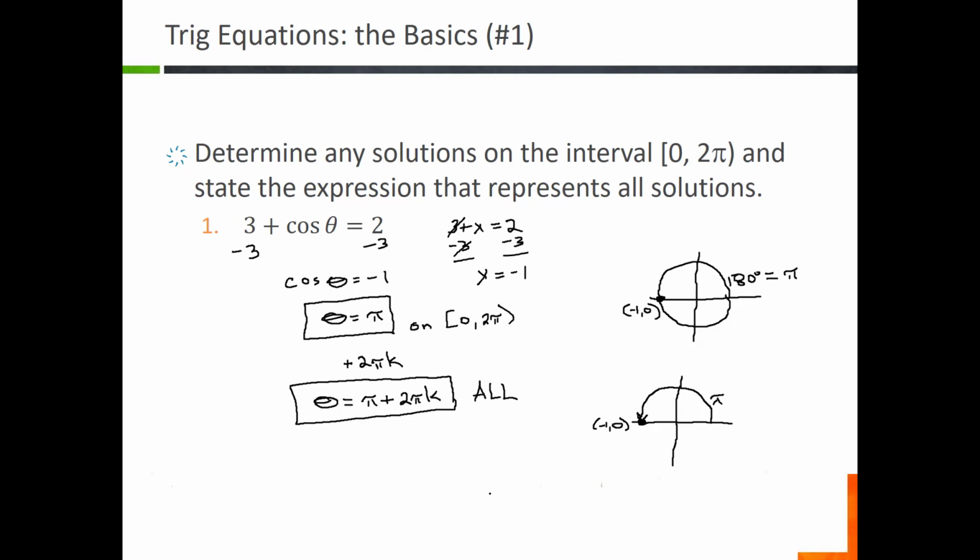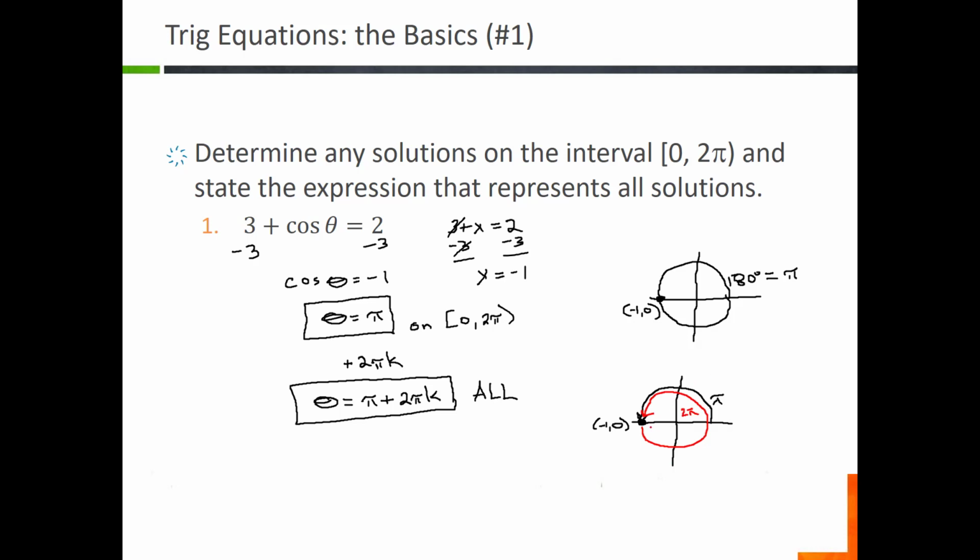But what happens if we continue to rotate? How far do we have to rotate to end up at the same place? So if we start that rotation of pi, and then say we rotate another distance of 2 pi, well, it turns out that I end up at the same point.